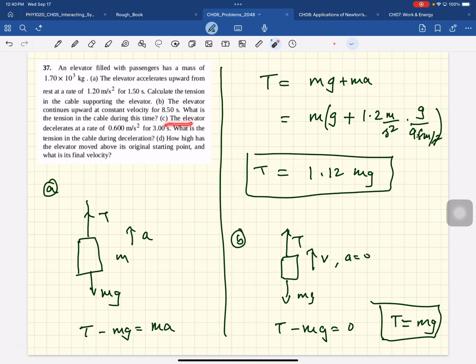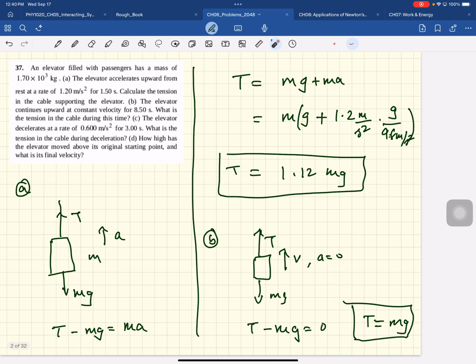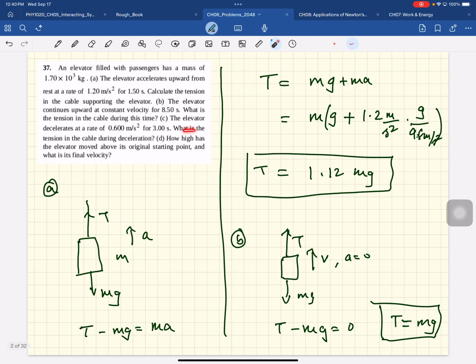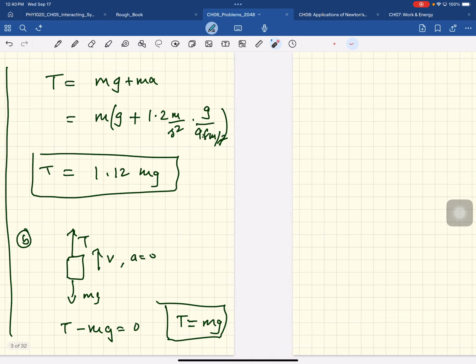The elevator decelerates. So the elevator started off at rest, it accelerated, then it moved with constant velocity, and then it's getting ready to stop, so it's decelerating. Okay, so when it's decelerating, the acceleration is in that direction. So the elevator decelerates at 0.6 meters per second squared for 3 seconds.